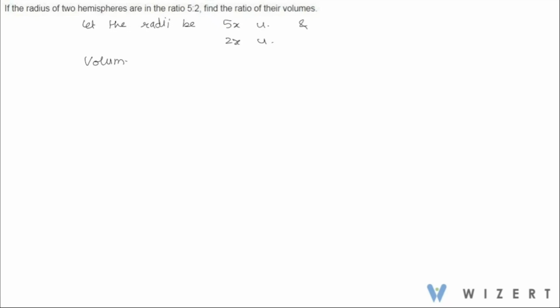Volume of a hemisphere is given as 2 by 3 pi r cube, where r is radius of hemisphere. We know this.